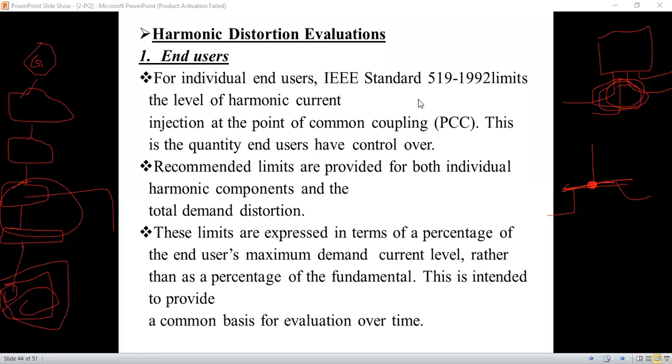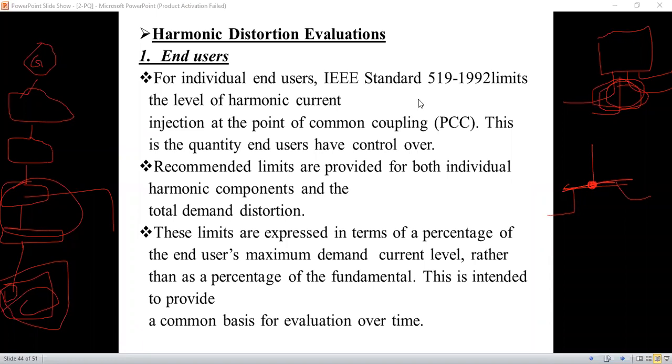Compare that with a lamp: a lamp is only a 9 watt bulb, but we are connecting a 1000 watt iron box, so the load is increased, and the current required is very high. High current is required to satisfy the loads. As the load increases, the current increases.